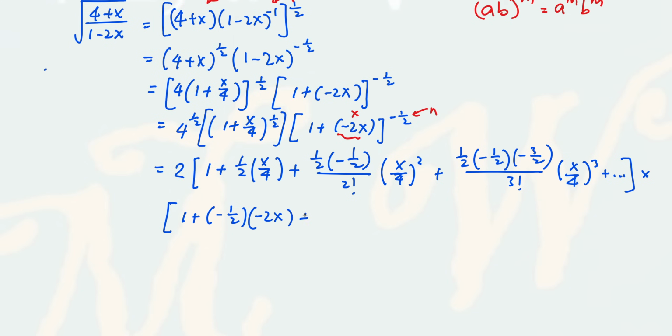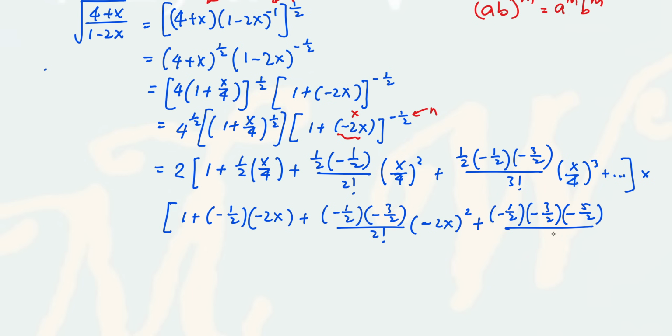Therefore, negative 2x plus negative half times negative half minus 1, which is negative 3 over 2 factorial, times negative 2x squared, plus negative half, negative 3 over 2, then negative 3 over 2 minus 1, that is minus 5 over 2, over 3 factorial, times negative 2x cubed. So this will be the binomial expansion, and now just simplify all the terms.